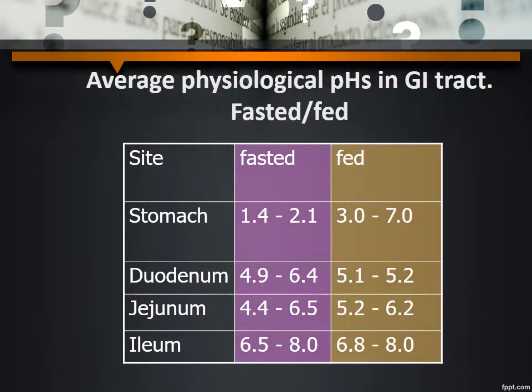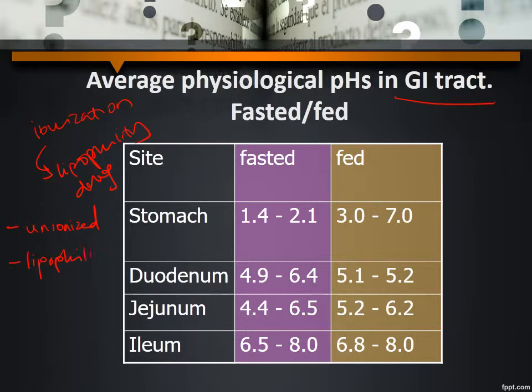When we look at the different physiological pH in the GI tract, it can cause different ionization and hence lipophilicity of the drug. As we know from the previous slide, the drug needs to be unionized and lipophilic for good absorption.